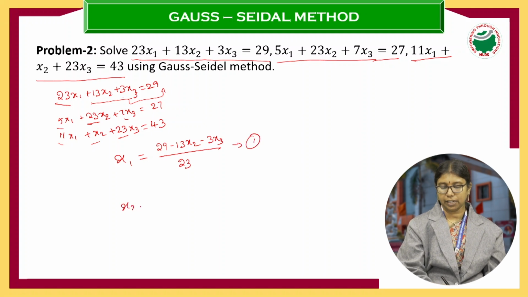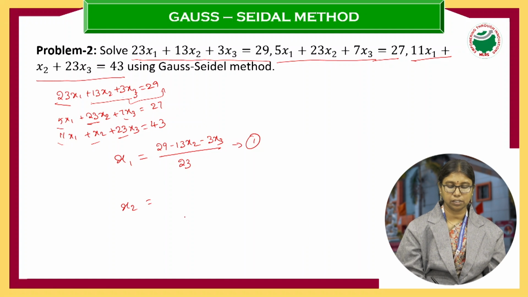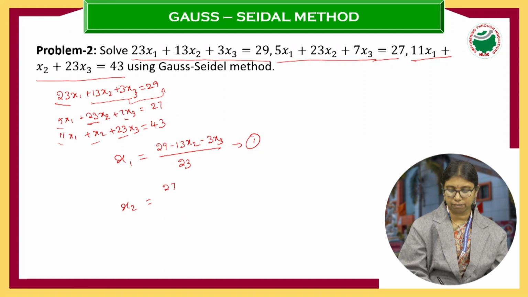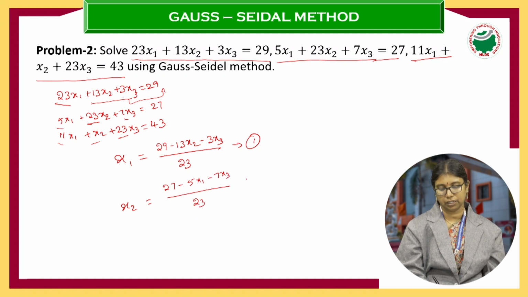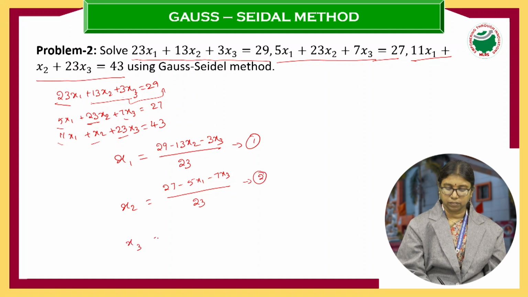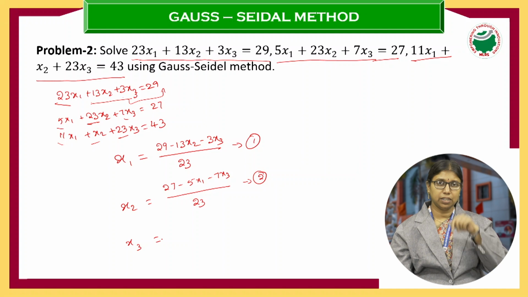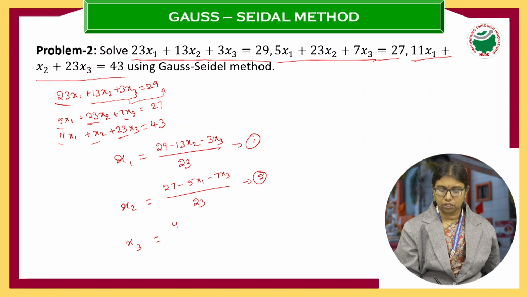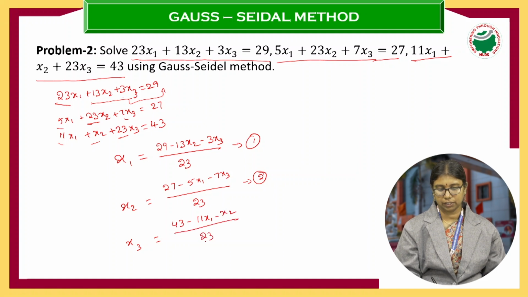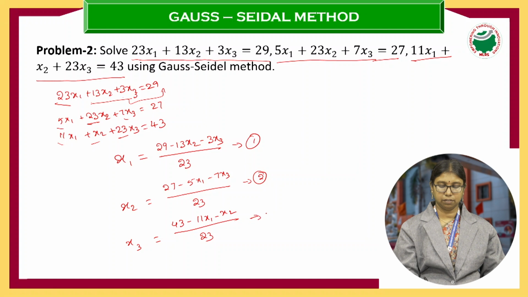Similarly, separating x2 from the second equation, you will get 27 minus 5x1 minus 7x3, whole divided by 23. This is the second equation. Next, you separate x3 from the third equation. So for x3, it is 43 minus 11x1 minus x2 by 23. This is our third equation.